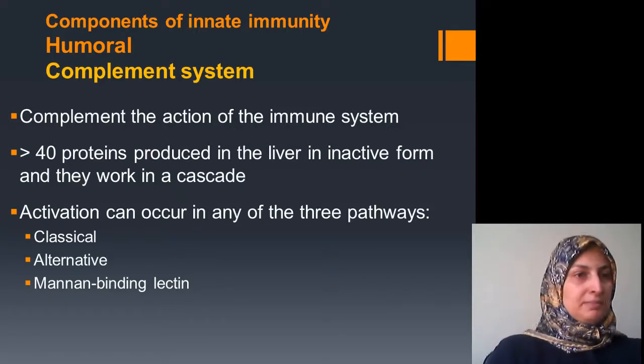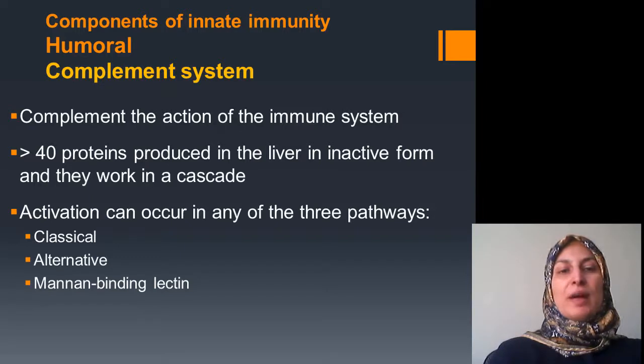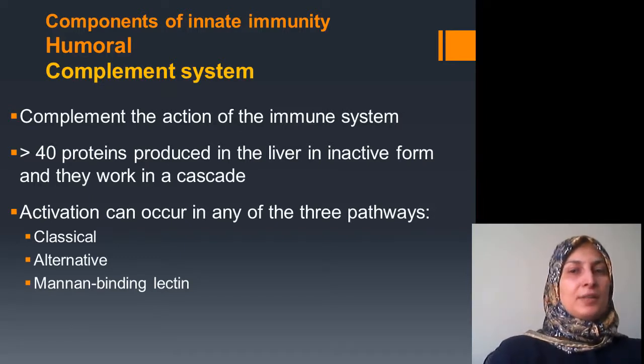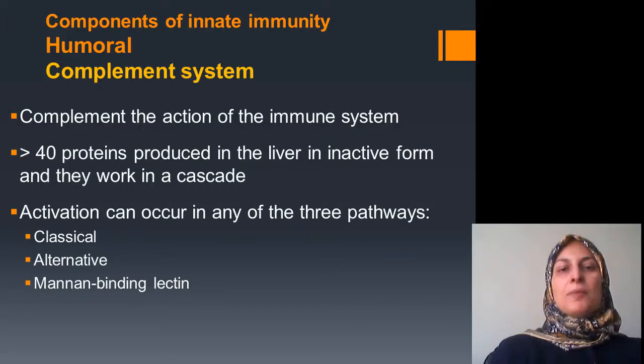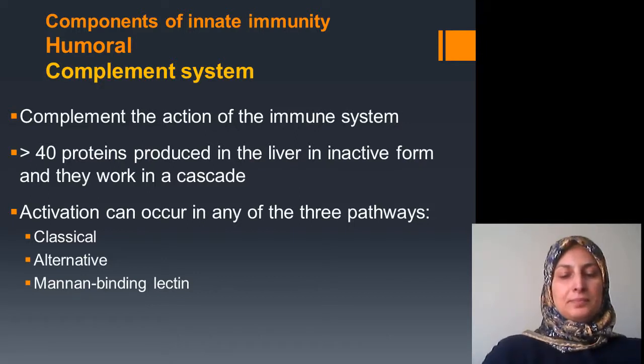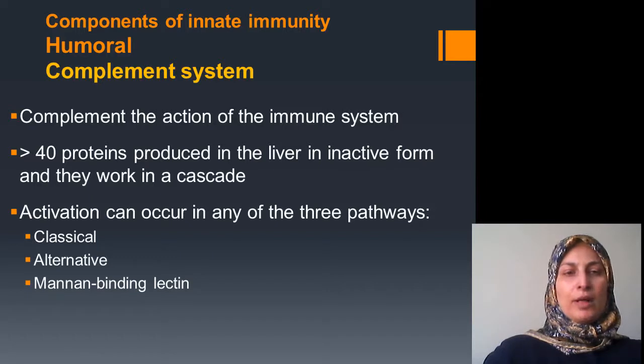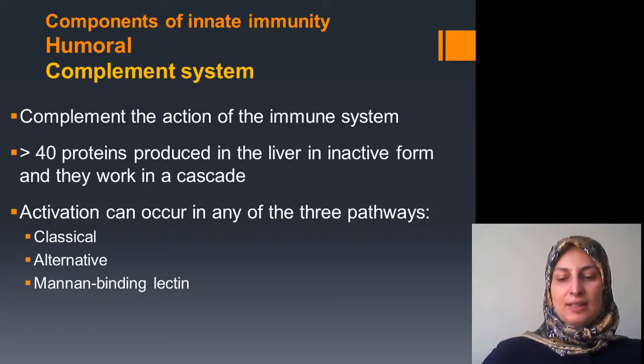The immune system still can function without the complement system, whether cellular or humoral, whether innate or adaptive. But the presence of the complement proteins will make it more effective in conducting its function.